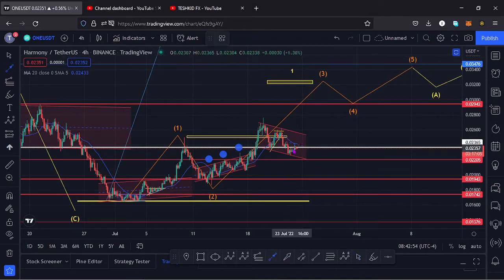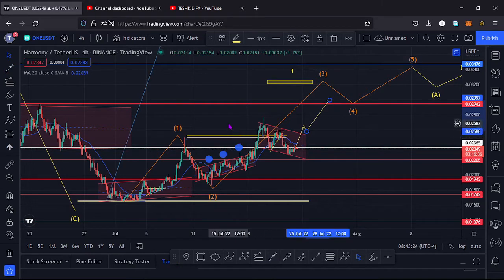So it's possible that we break above that key area of resistance, have a retest, continue pushing to the upper side of this channel, and once we break out of that channel to the upper side, it's possible that we might also have a retest of that key area on the channel, then continue pushing to the upper side, have a retest, and then continue pushing to the upper side to around the $0.029 mark, where we have our next key area of resistance.